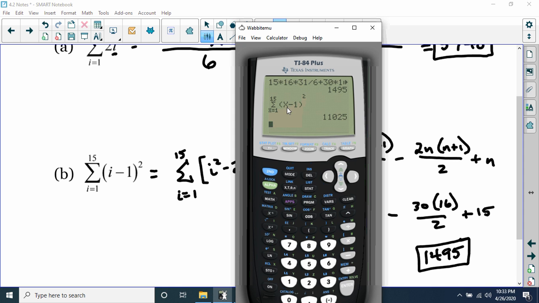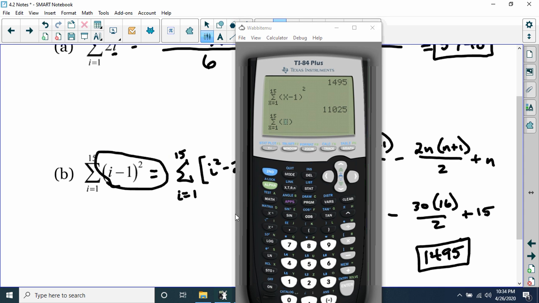So you are summing x minus 1 from 1 to 15. And then when you type in the squared, it's doing all this first, getting an answer, and then squaring it. So if you are going to type this one into your calculator, you want to go x equals 1 to 15. And then inside the parentheses should be all this right here. So you need parenthesis x minus 1 squared. You need to make sure that squared is inside this sum there.